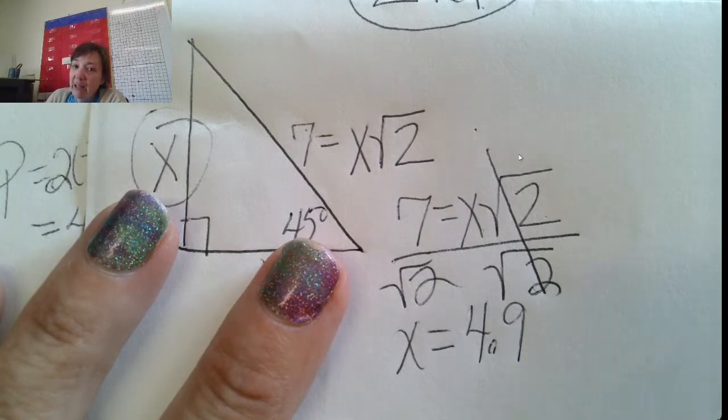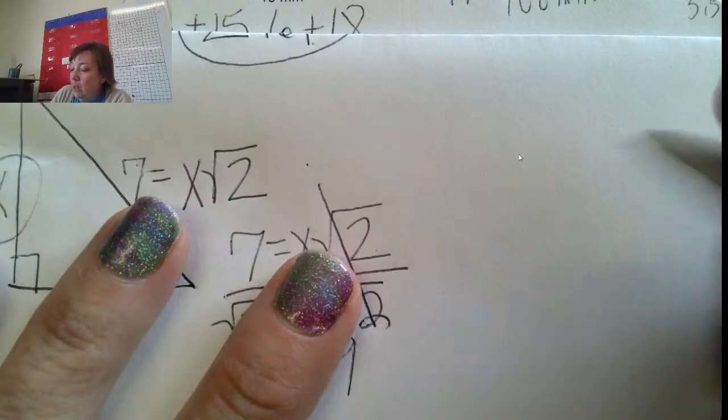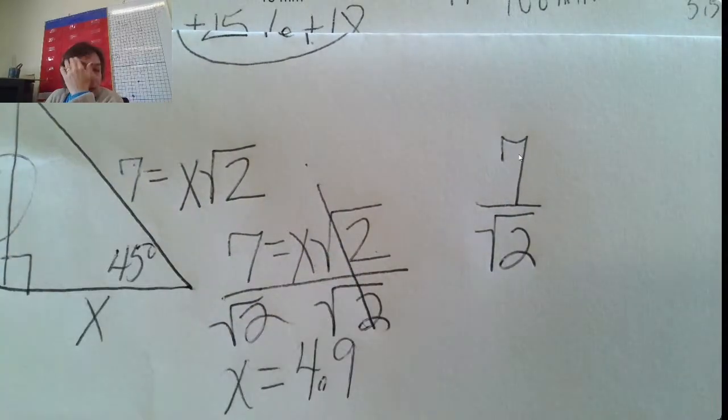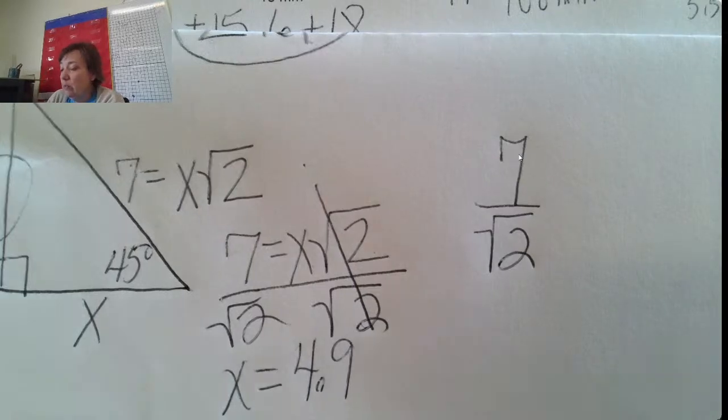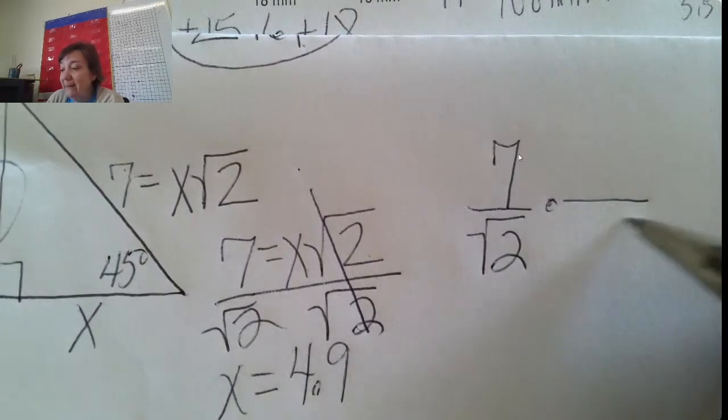But I want to point out something and take this opportunity to remind you about something. If they had told us that they wanted an exact answer, we can't plug it in the calculator and round it. But we can't leave it like this, because that square root of 2 cannot be on the bottom. How do we get that square root of 2 out of that bottom? By what?